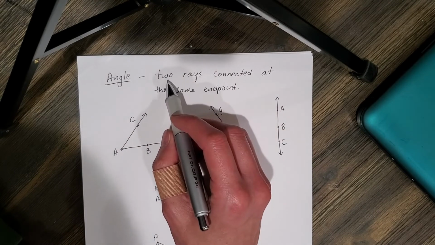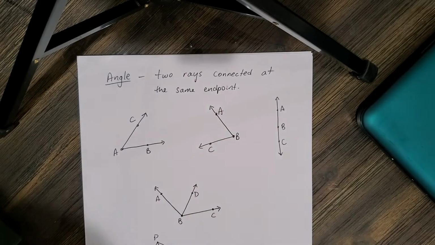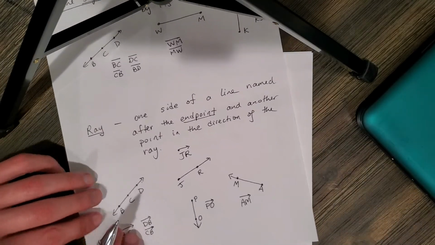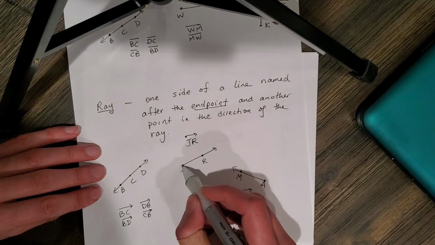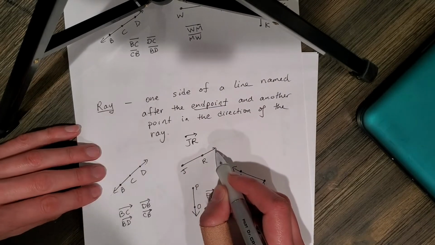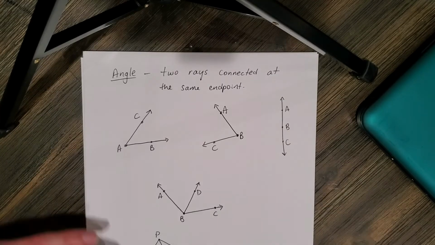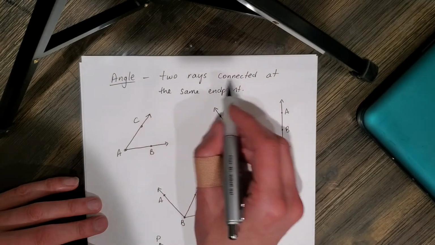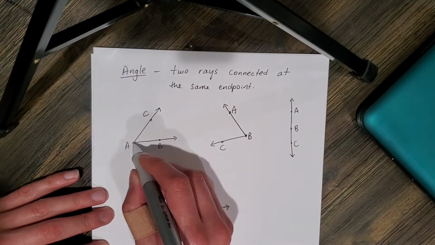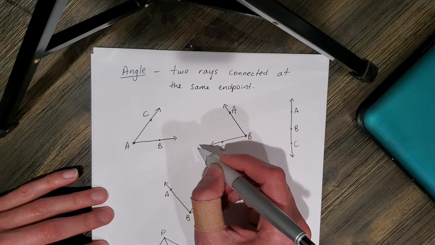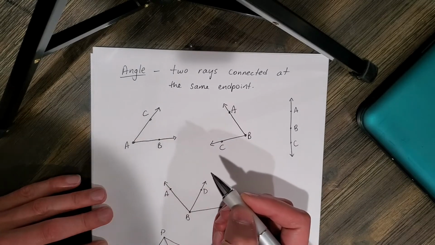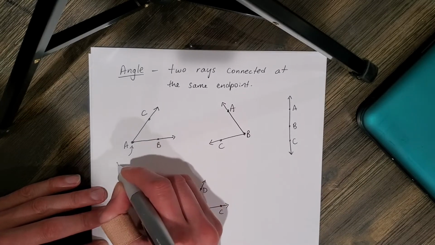Okay. So 2 rays, we already talked about what a ray is. Okay, it's got an endpoint and then it goes forever in the other direction, right? Well, right here we have 2 rays connected at the same endpoint. So notice here, we have 2 rays and they're connected at this endpoint here. This endpoint here is called the vertex.